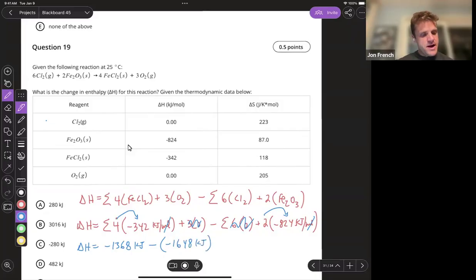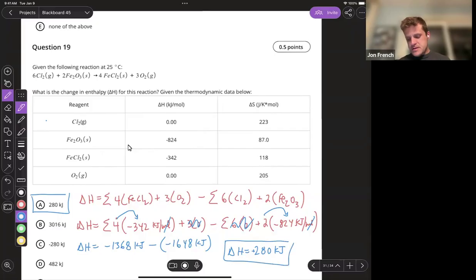Right, so here's where we're going to subtract a negative. And I think I get a delta H of something like positive 280 kilojoules.